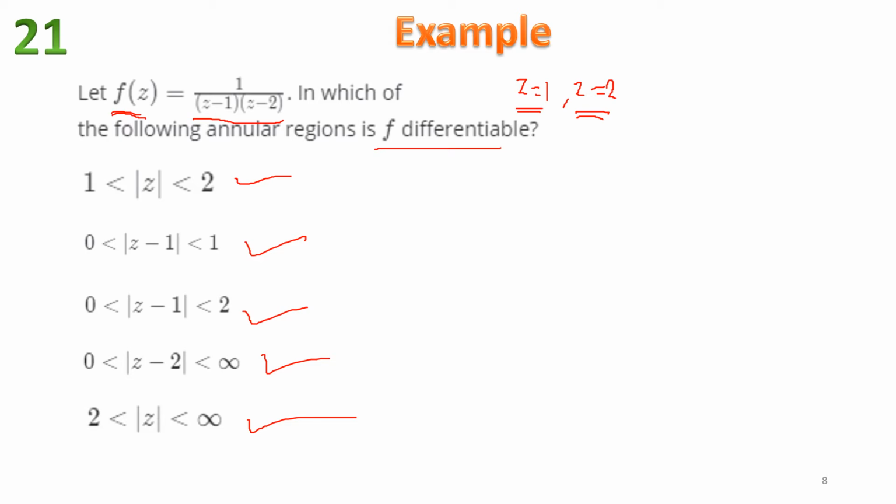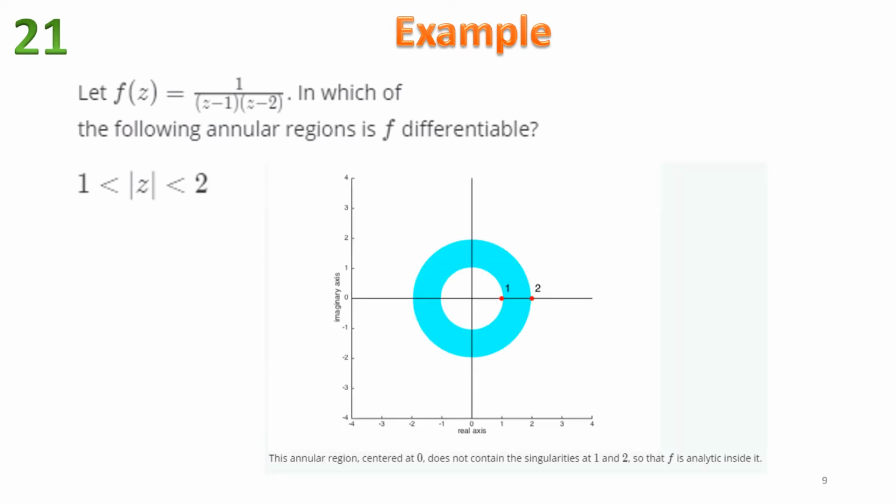That is the question. Let us consider these regions one by one, and the first region under consideration is mod of z, as I said, lying between 1 and 2, where 1 is not included and 2 is not included. So obviously it is the region lying between 1 and 2 excluding 1 and 2.